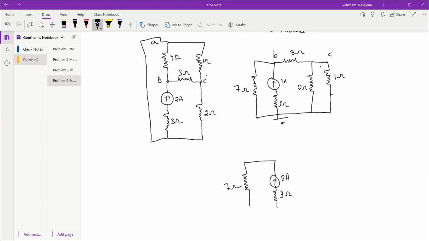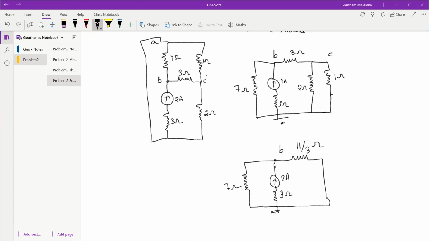In series with the resistor I add 2 by 3 with 3, so what I get is nothing but 11 by 3 ohms, that is connected over here. So this is B, and because A is short circuited to ground, this becomes my A.